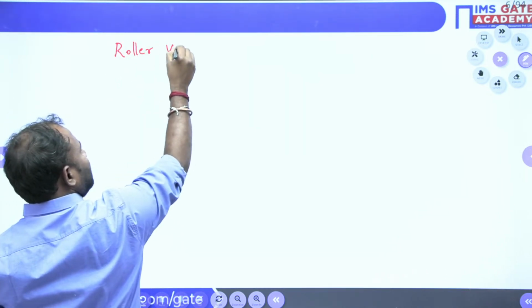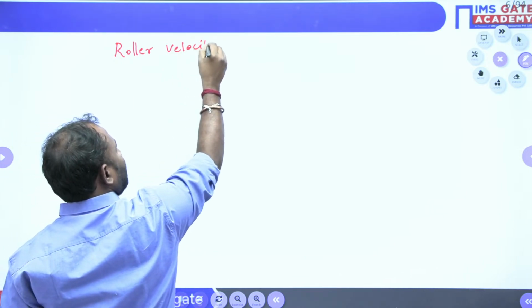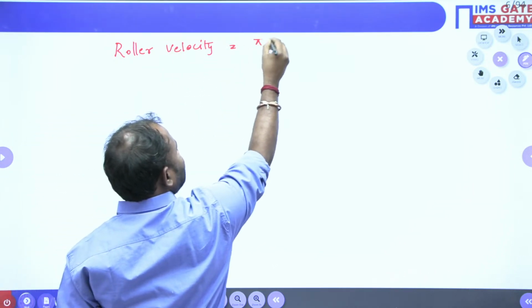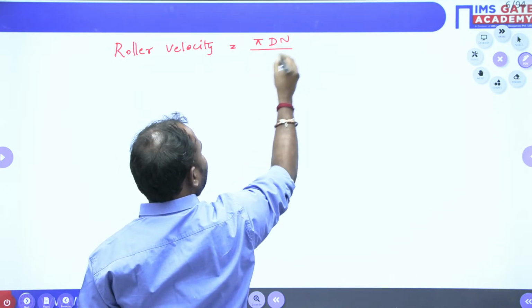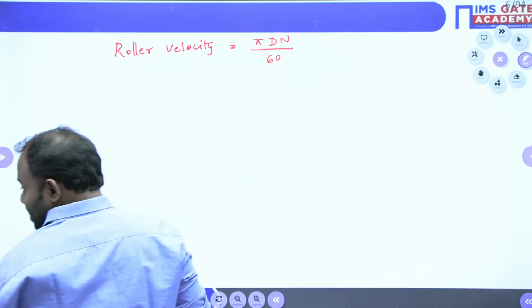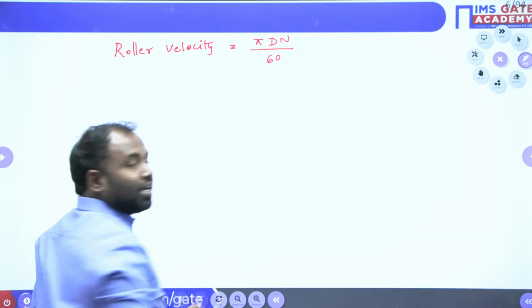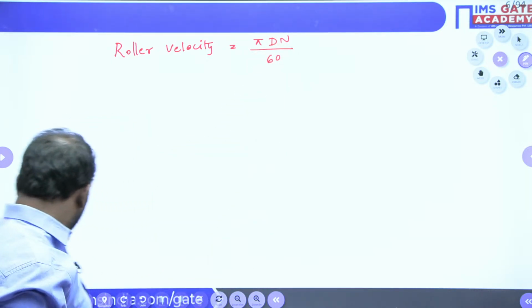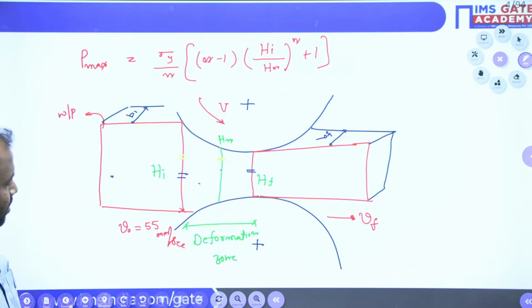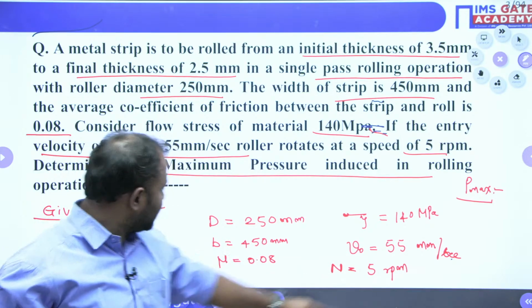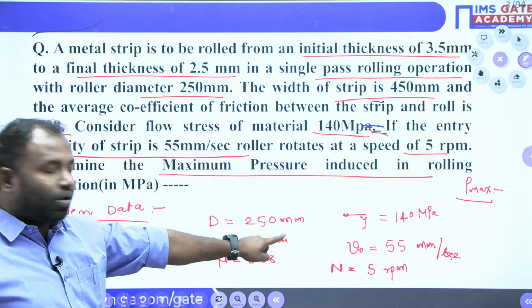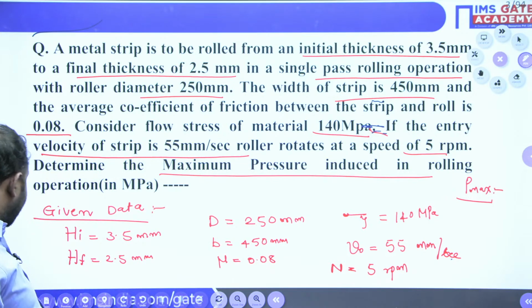Roller velocity is equal to pi d n by 60. Pi d n by 60. Now, what is the diameter of the roller? And RPM also given, right? RPM of the roller is given, diameter of the roller also given, right? From there we can calculate that.